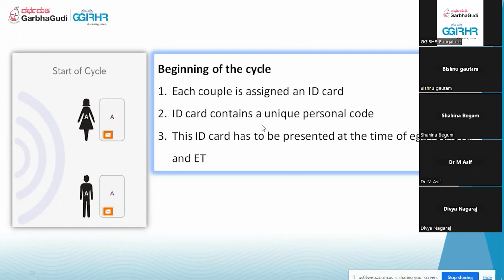The ID card will contain a unique personal code, unique for this patient only. This ID card is to be presented at the time of egg retrieval, which is OPU, and during the embryo transfer. This is the first step when the patient comes.